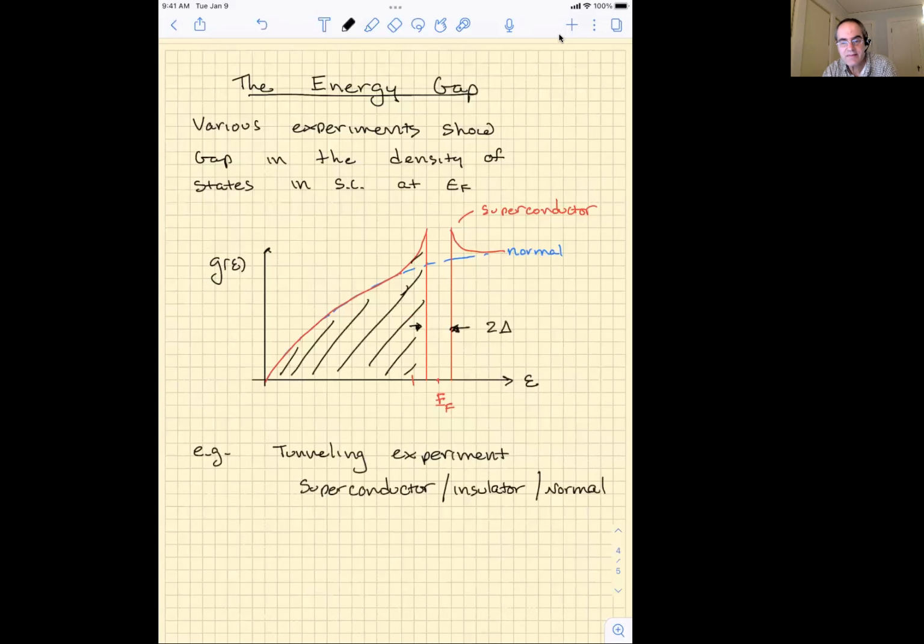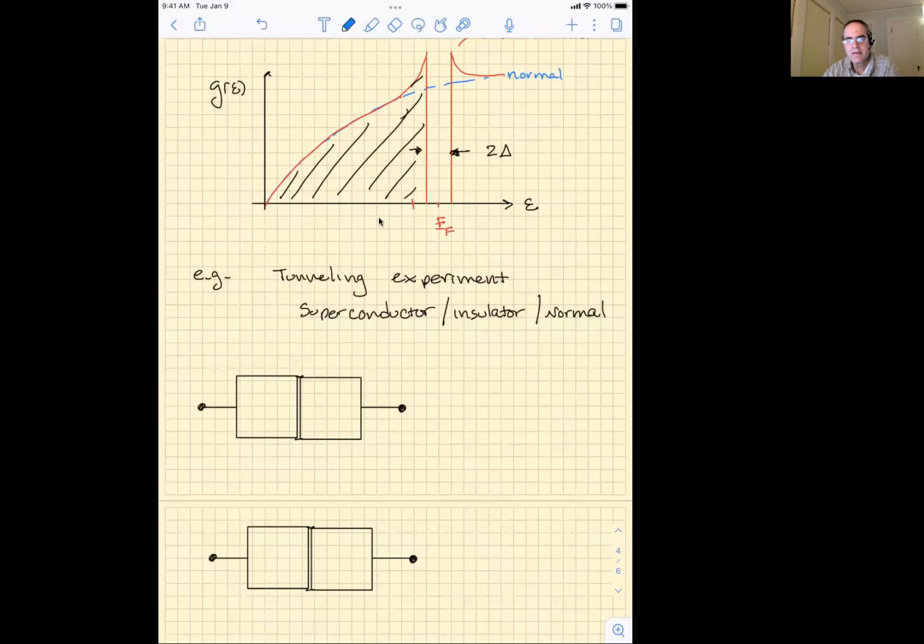Let's take a look at how that works. First, imagine that we have something rather simple, a normal metal, insulator, normal metal junction.